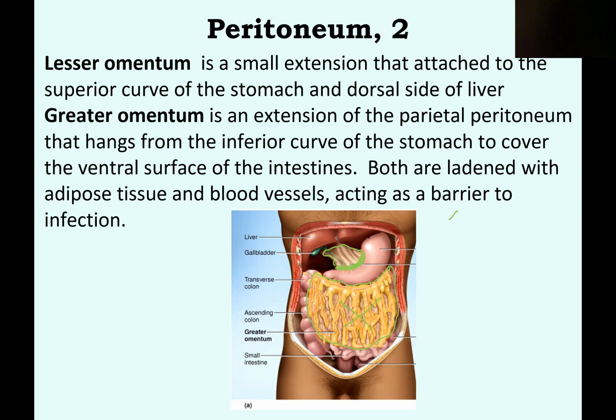Cats have big ones. Rats are not quite so long or intense. So two omenta, lesser and greater. And so their function is to act as a physical barrier.